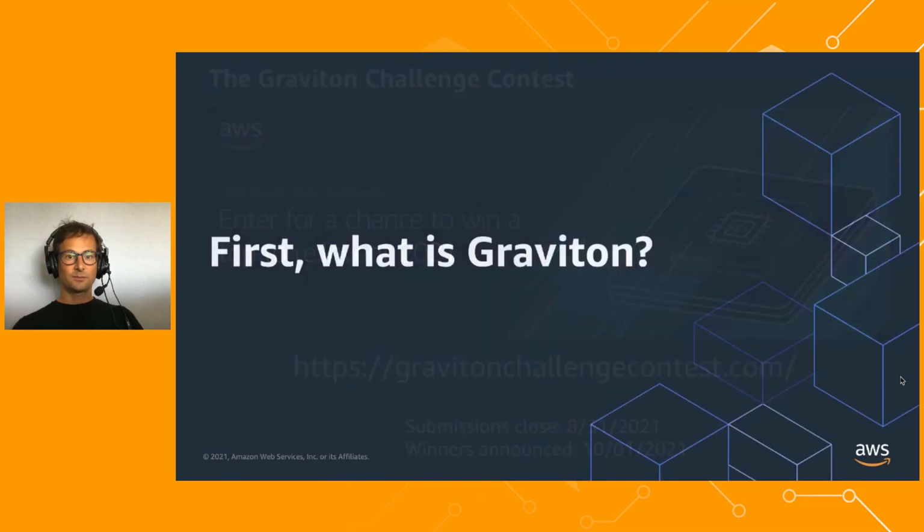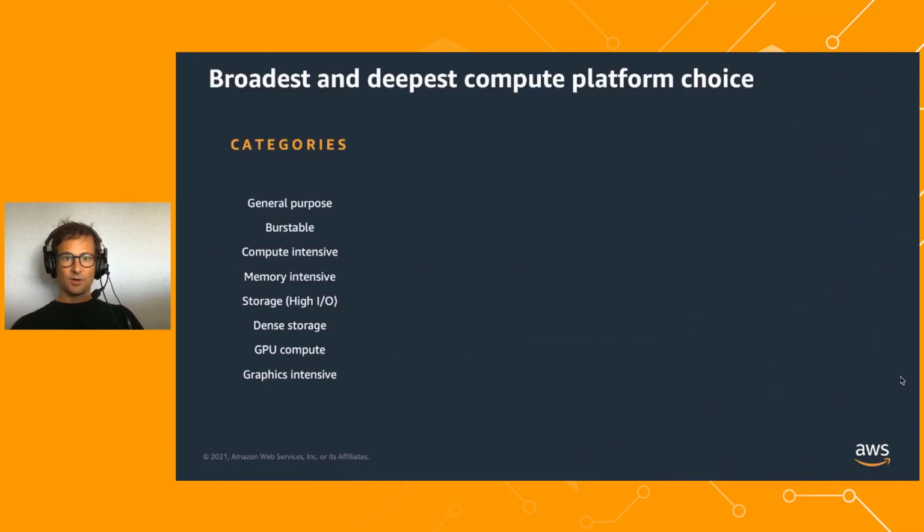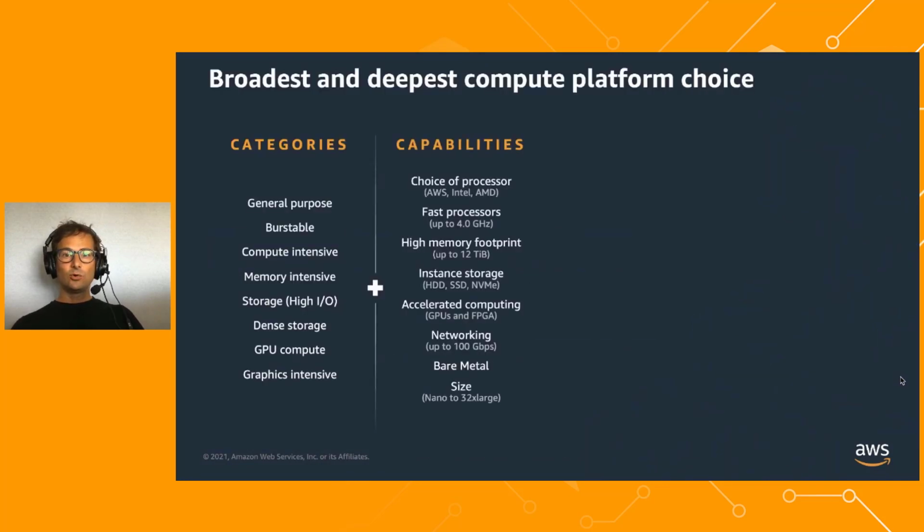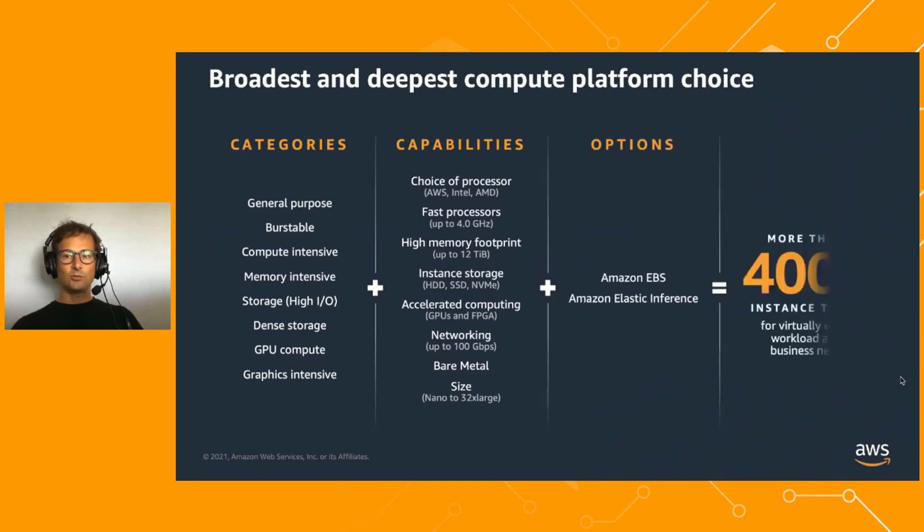So first, what is Graviton? You probably already know about the EC2 instances that you can use on AWS. We have a huge portfolio with many different instances that are covering virtually every possible workload.